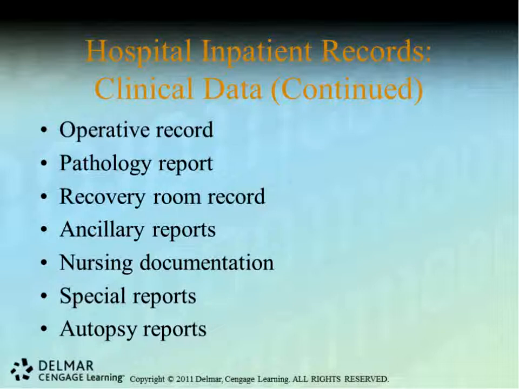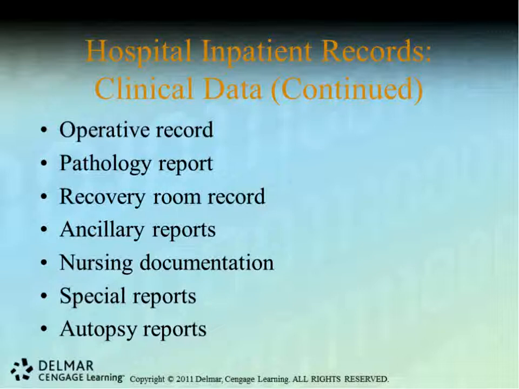All right, so we already covered the operative record. Let's look at the pathology report. I don't think we talked about your pathology report. The Joint Commission also tells us we have to have an authenticated data report or examination performed by pathology and clinical laboratory services.